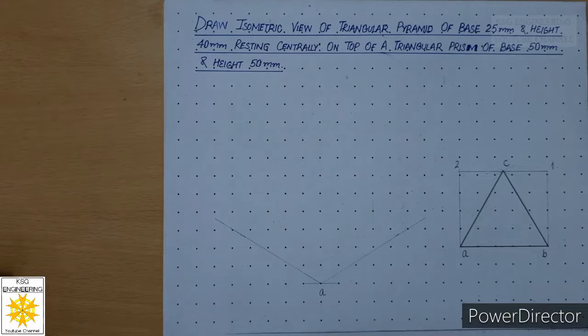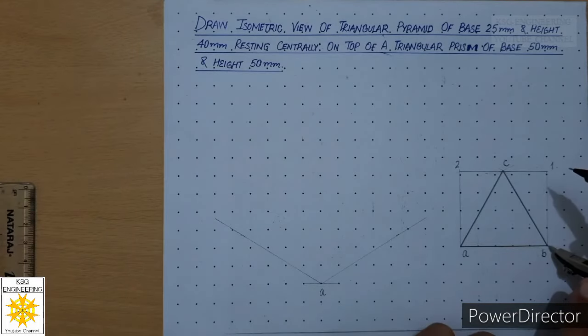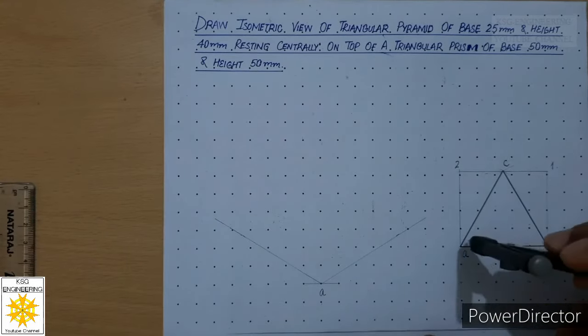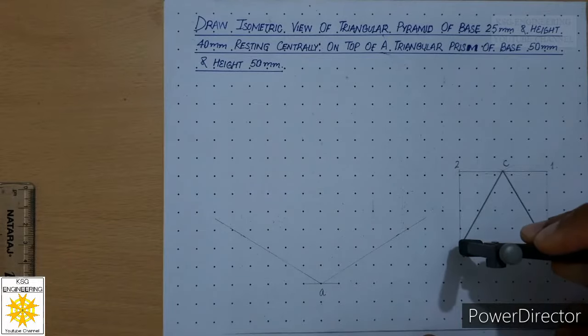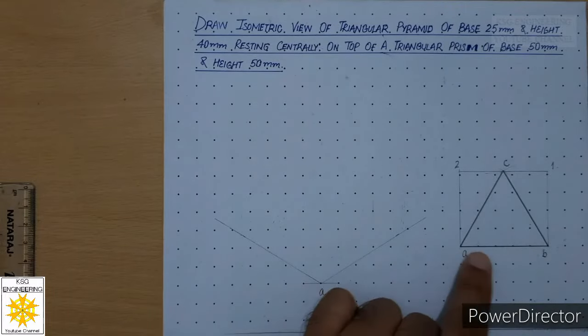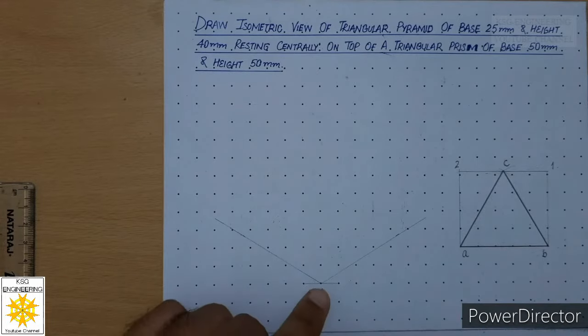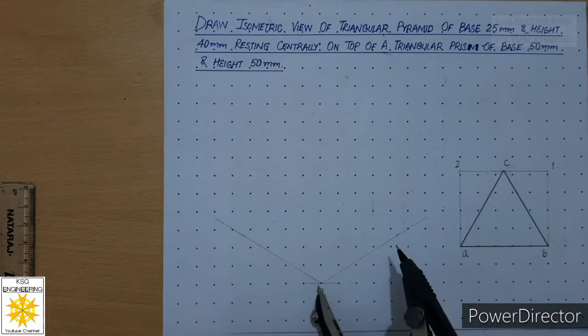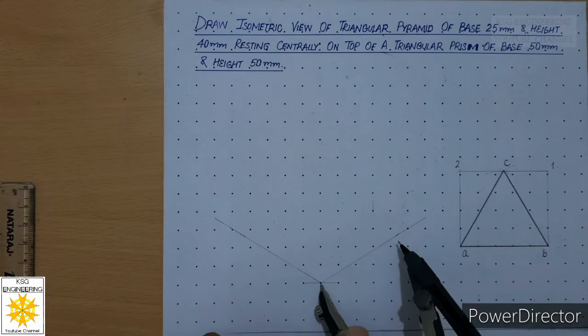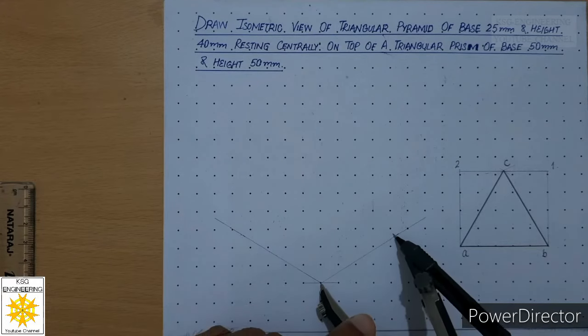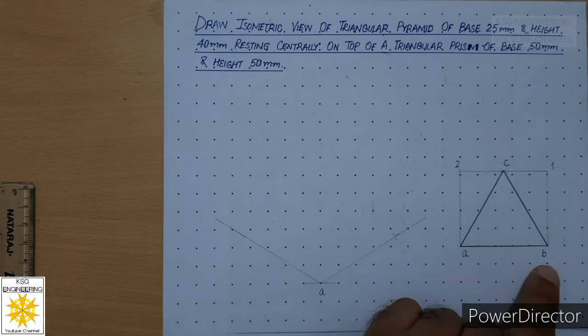So let us first measure the length of the box with the help of compass. So length is equal to the size of the triangle, which is 50 over here in this case. So put your compass at A and cut this axis to 50. That is equal to the length of the box AB.